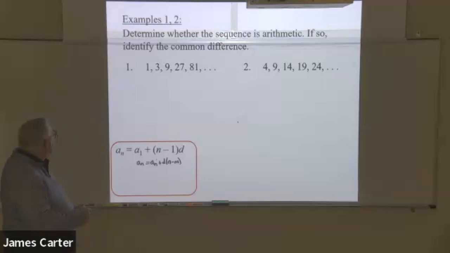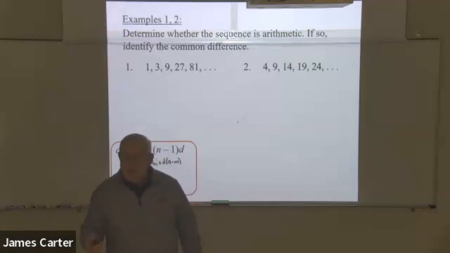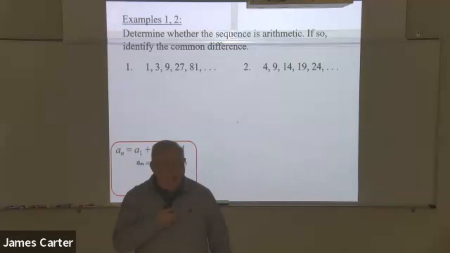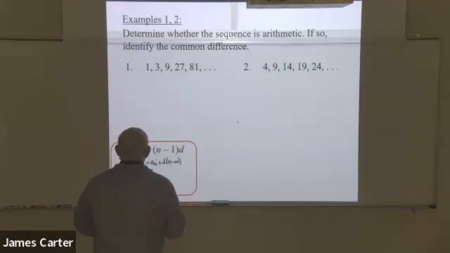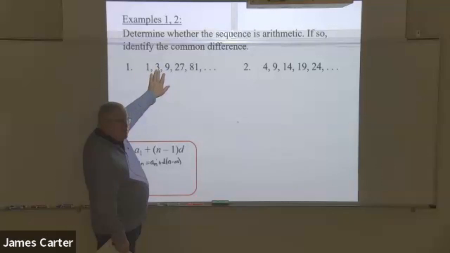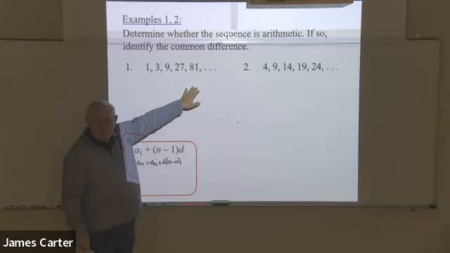All right. Now, I've got this sequence. They're asking us to do 2 things. One is they're trying to ask us, by the definition we gave you, is this an arithmetic sequence? And if it is, then they want us to find the common difference. Well, if we look at this first one, 3 minus 1 is 2. But 9 minus 3 is 6. So this one is not an arithmetic sequence, so we can't find a common difference.